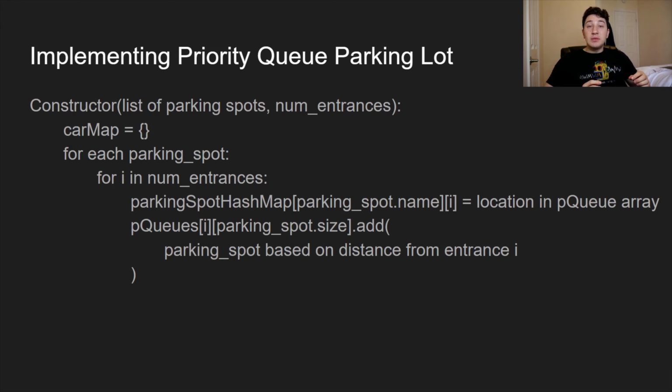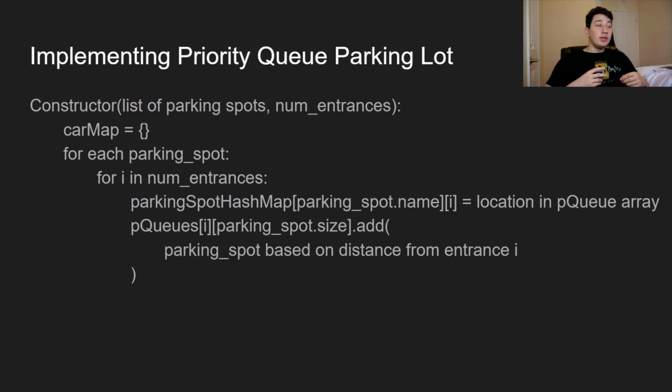The reasoning is that we're going to constantly be removing things from multiple queues, and when we're removing them, they're not necessarily at the root node of that heap. So in order to still maintain O(log n) complexity as we're removing nodes from the priority queue, we have to know exactly where they're located before removing them. Otherwise, we would have to do a linear find for that parking spot in the priority queue, and then we would ruin our time complexity.